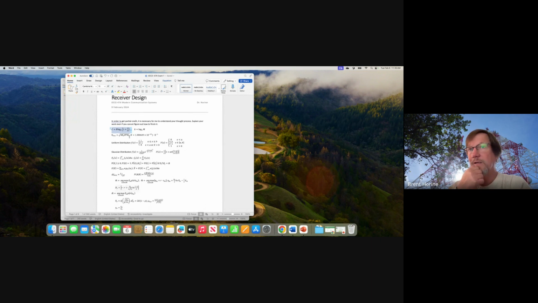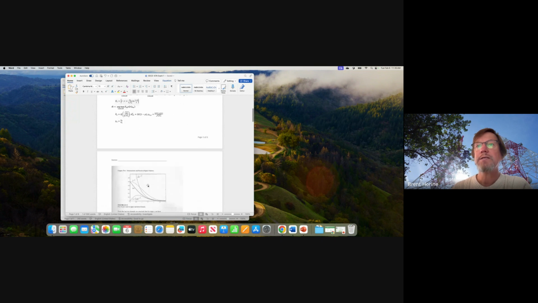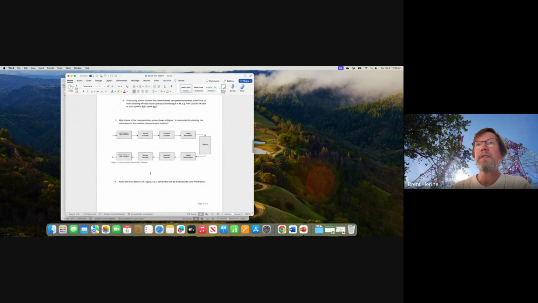Then I have things like this question, which actually gave me a lot of trouble last year. What block of the communication system in figure 1 here is responsible for adapting the information to the available communication medium, right?